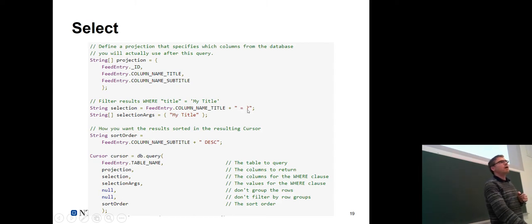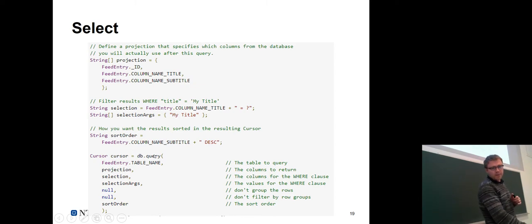Then we need to bind this input value with an actual value, referred to here as the selection arguments, for example, my title. So give me the ID, title, and subtitle for any of the entries for which the column title equals my title. Then you can indicate how you want to sort it, either ascending or descending, in association with the column you want to organize the output by.